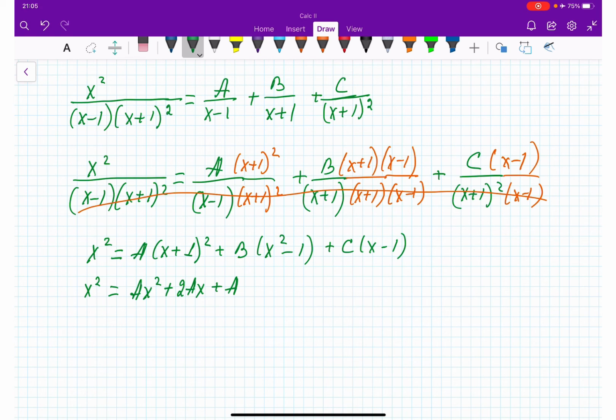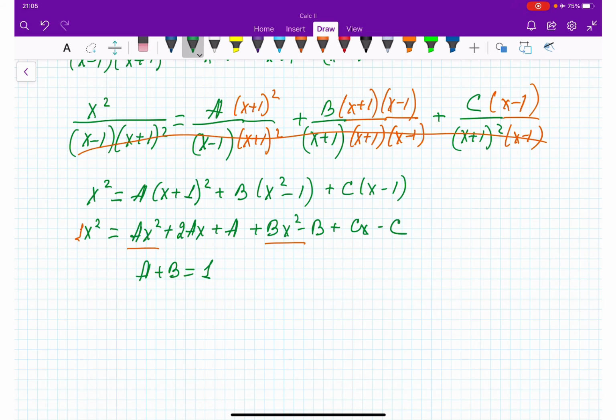Next, plus bx squared and minus b, and plus cx minus c. Like terms, ax squared and bx squared, right? And that's all I have. So for the x squared coefficient, it's going to be 1. So I'm writing down a plus b is equal to 1, right?